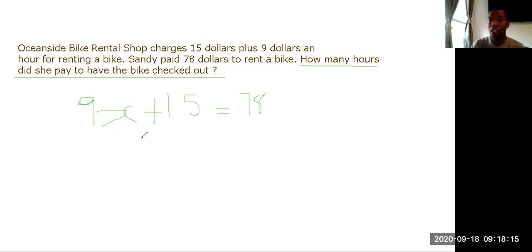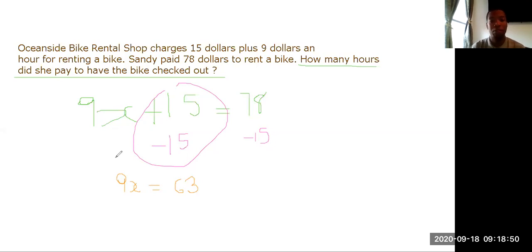They put on an extra $15. So now I have to solve this equation. We do the regular additive inverse, minus 15. So I have 9x, this is 0, right? So I have 9x equals 78 minus 15, which is 63.